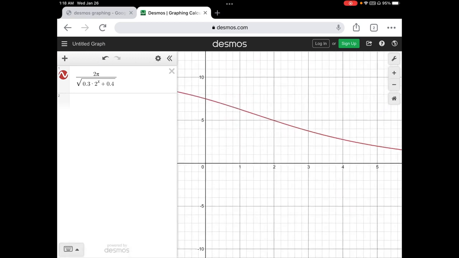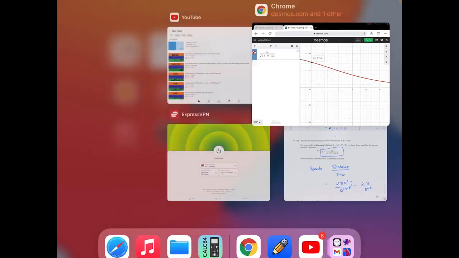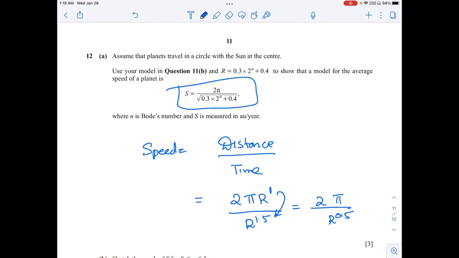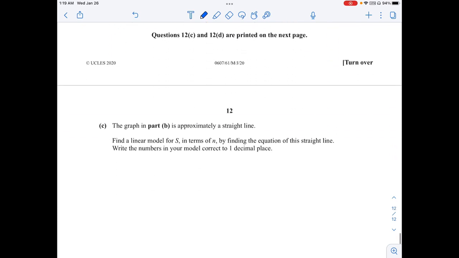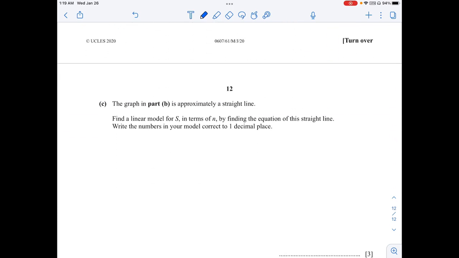You can see that it's almost a straight line, and the y-intercept is at 7.51. So this is the graph. The graph in part B is approximately a straight line.